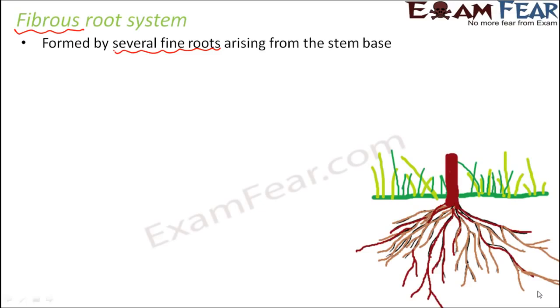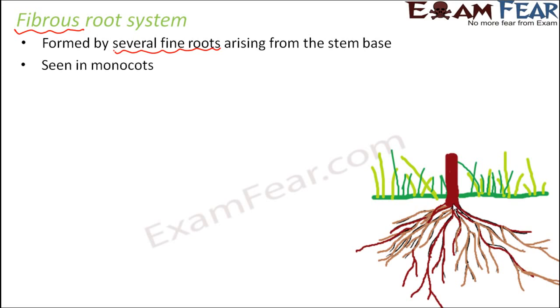But here, do you see anything like a primary root? You actually cannot see any single primary root as such. You have so many thin structures that you can't even distinguish exactly which is the primary root. Here you have many thread-like structures originating here and there, and they all arise from the stem base. So this forms the fibrous root system.